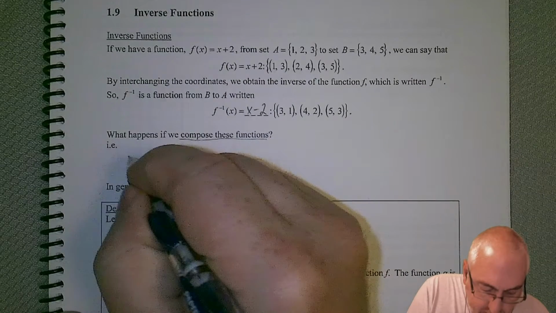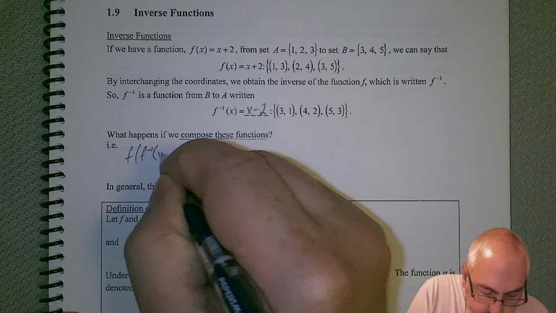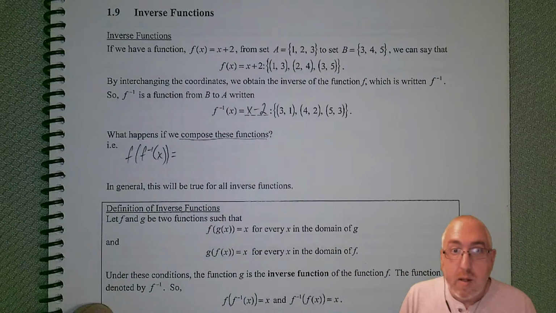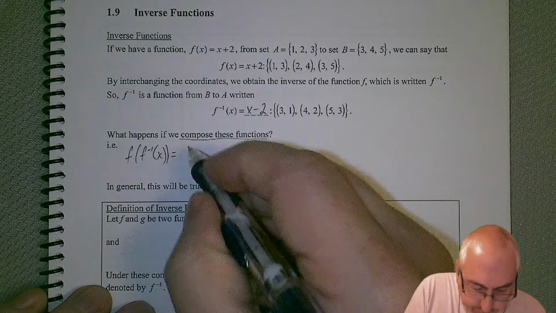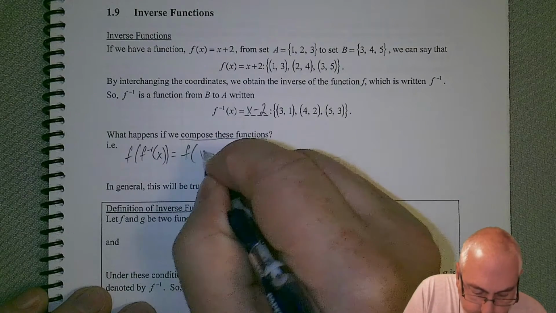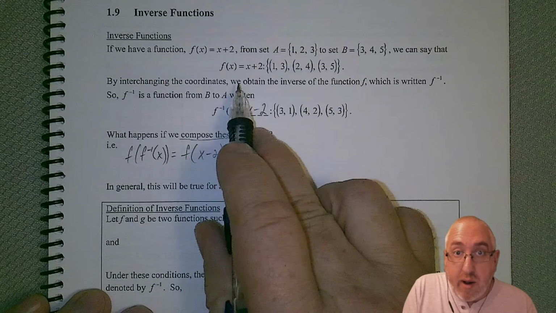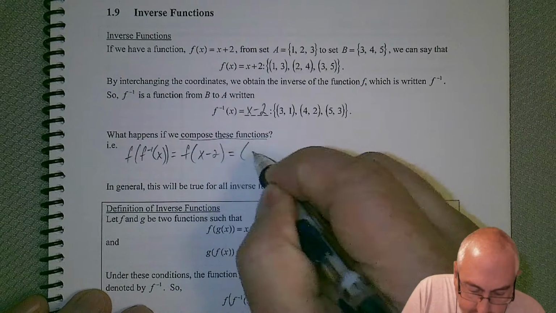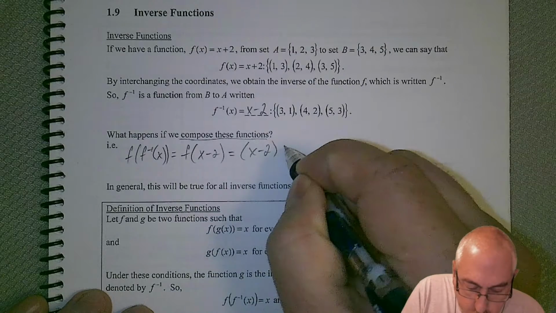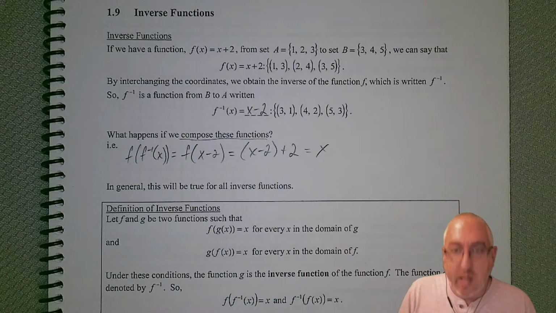So, if we compose f with f inverse, let's see what we get. So f inverse we said is x minus 2. Now we want to plug this into our function f. So we should get x minus 2 plus 2, which we can see equals x.